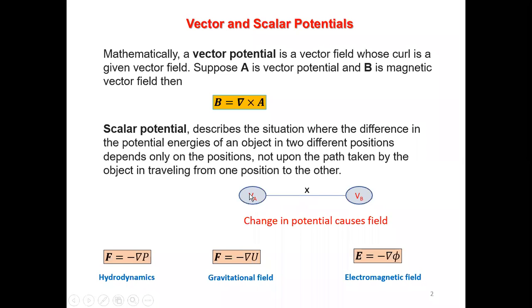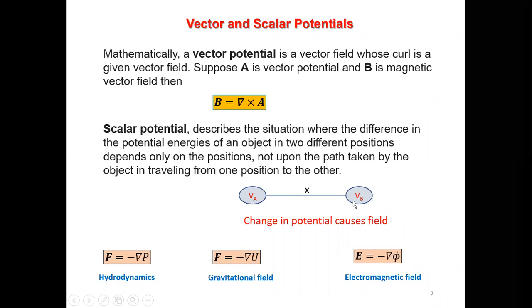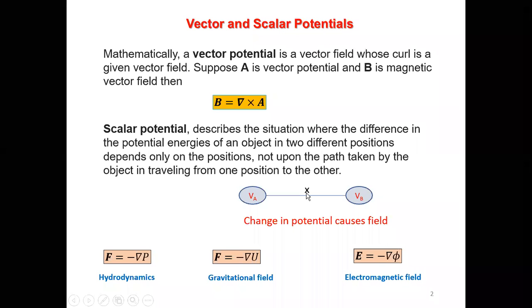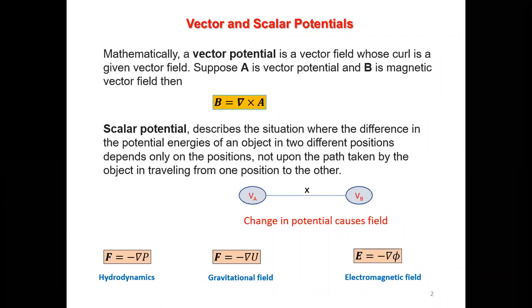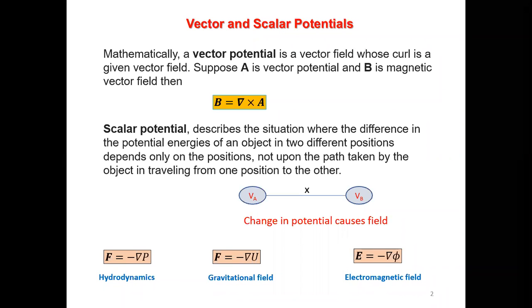So the potential is changing with respect to position, and in mathematical terms we write dV by dx. When there is a change in the potential with respect to position, it gives us the scalar potential. So the change in potential causes a field, and that field is basically a vector field.